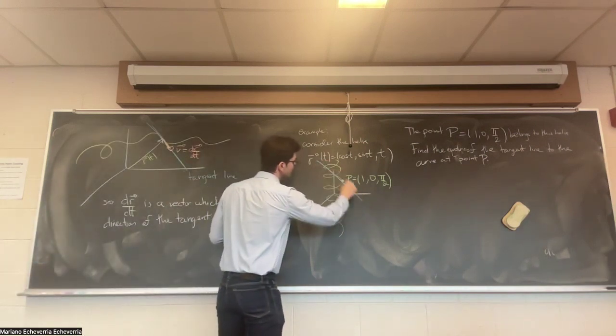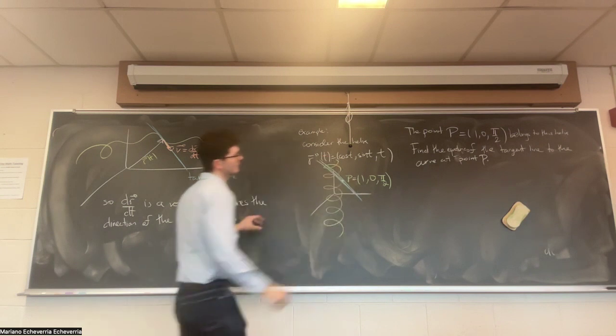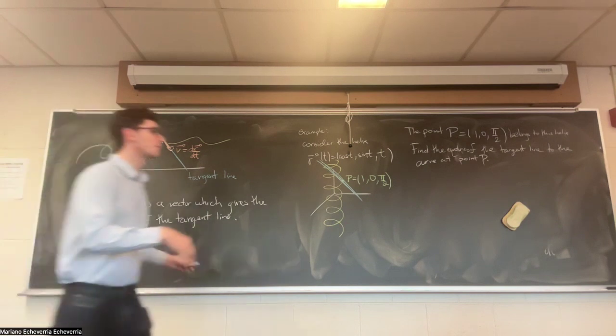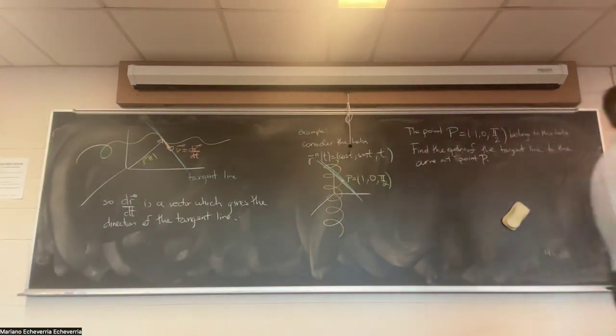It looks something like this, and we're trying to find the equations of that line. Remember that for a line, we need a point and a direction.